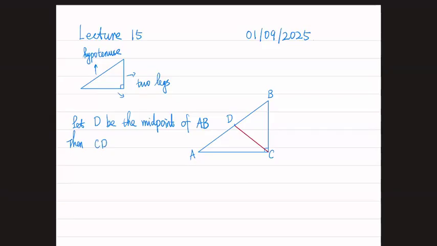The side is half of AB. So this is called the hypotenuse side mid theorem.